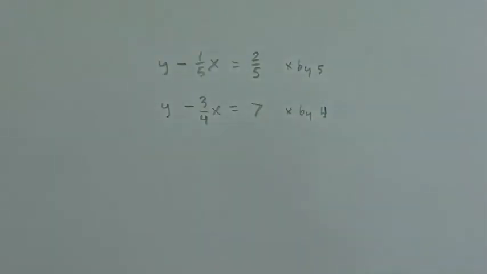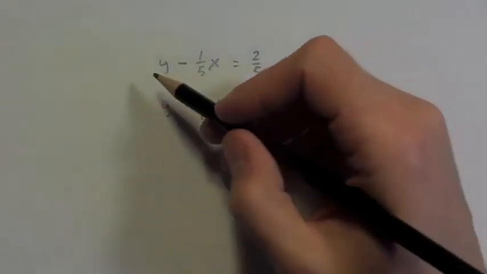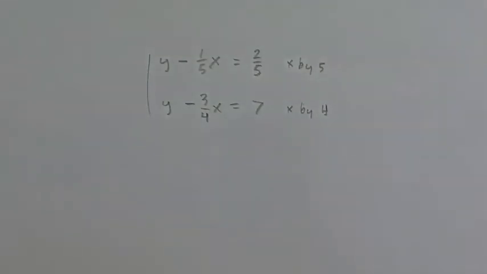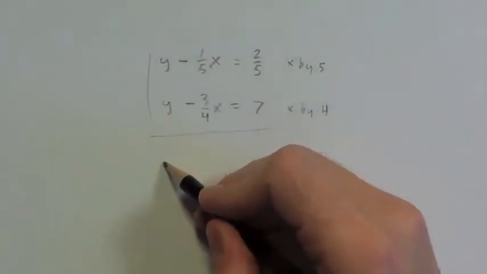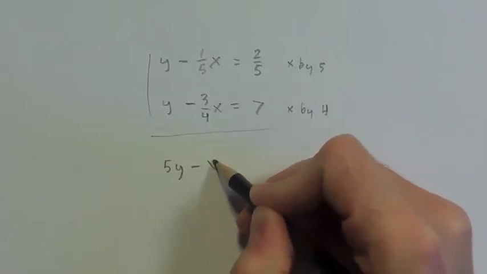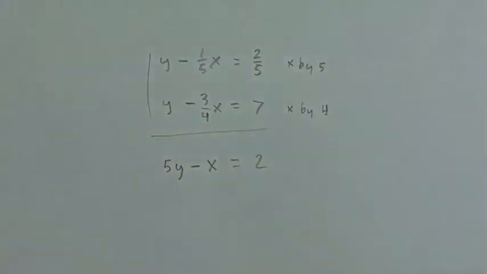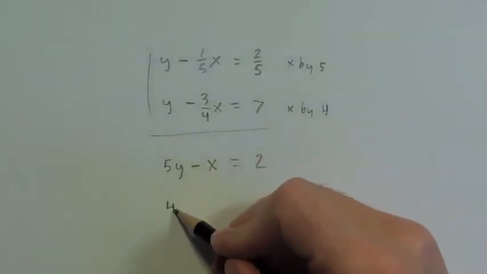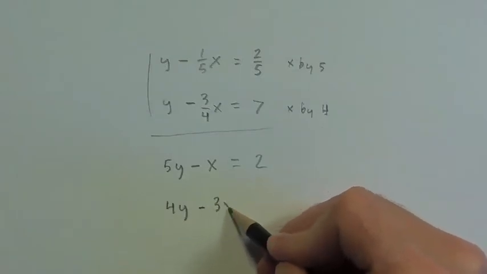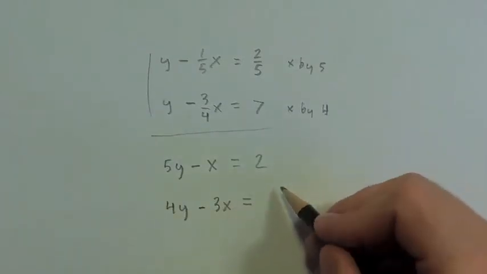It's not all that weird, because we've been doing that for a while to get rid of fractions. We'll end up with 5y minus x is equal to 2, and in this case, 4y minus 3x is equal to 28.